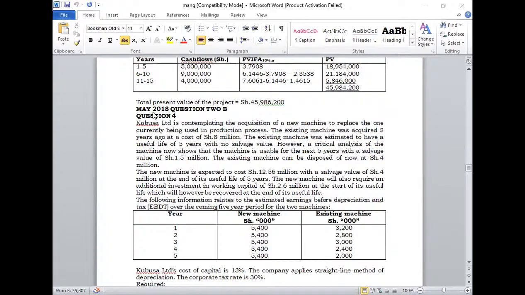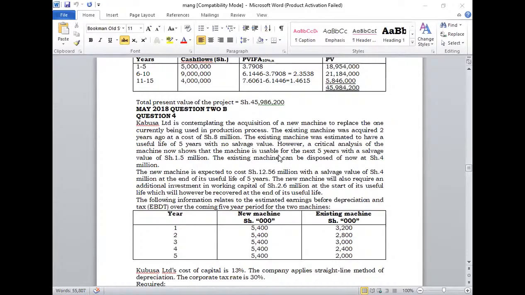However, a critical analysis now shows that the machine is usable for the next 5 years with a salvage value of shillings 1.5 million. The existing machine can be disposed of now at shillings 4 million.